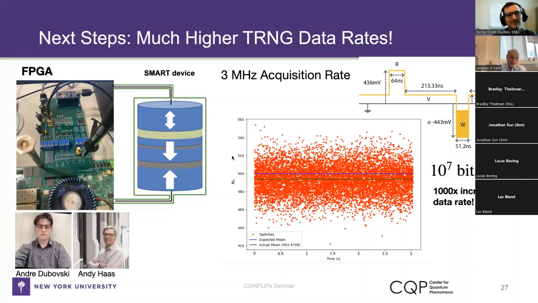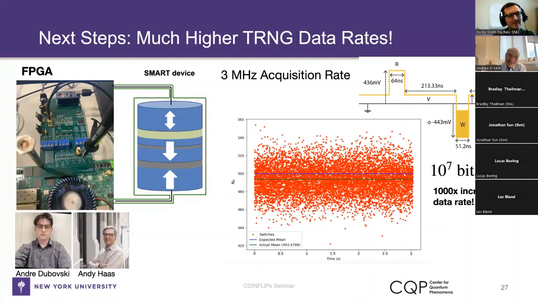So we decided to engage a particle physicist. This is a colleague in my department, Andy Haas, who knows a lot about measurements. He's in charge of the FPGAs for the LHC. We told him about this problem, and he said, well, this is really easy. So we got an undergraduate involved, Andrei Dubrovsky, who's the son of a particle physicist.